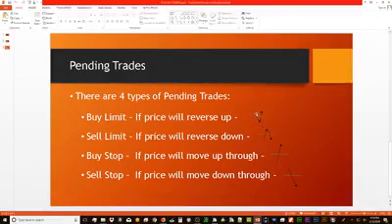As soon as that price goes through and then back up through the price line that you put in, your trade will be active, and it'll place you into the trade. The sell limit is vice versa. If you think the price will reverse down, then you use a sell limit.